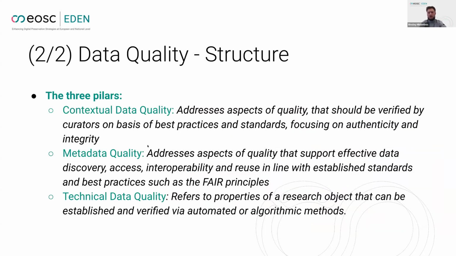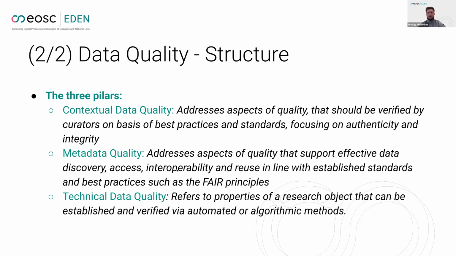So the 3 pillars basically are addressing certain types of data quality. For the contextual data quality, we are trying to address the aspects of quality that should be verified by curators, on the basis of best practices and standards. For metadata quality, we try to address the aspects of effective data discovery, access, interoperability, and reuse, basically the established standards and practices such as the FAIR principles.